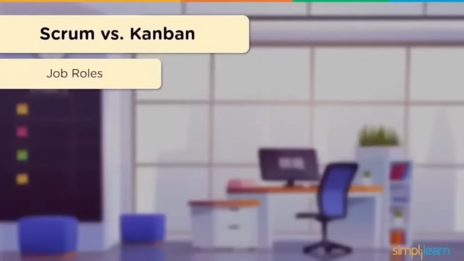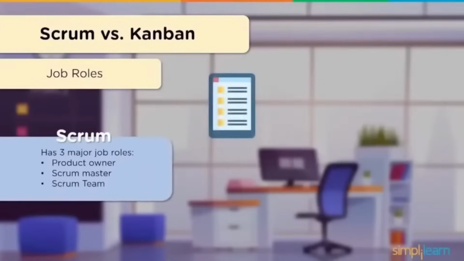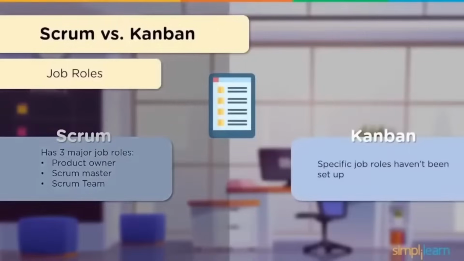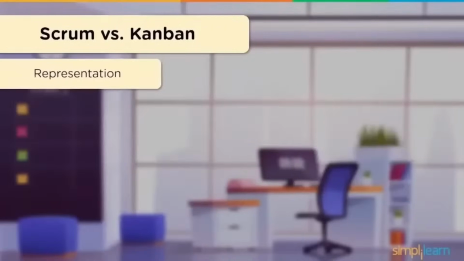Now, let's have a look at the job roles within these frameworks. Scrum has three major job roles: Product Owner, Scrum Master, and Scrum Team. With Kanban, you don't have any specific job roles. Now, let's talk about how data can be represented.